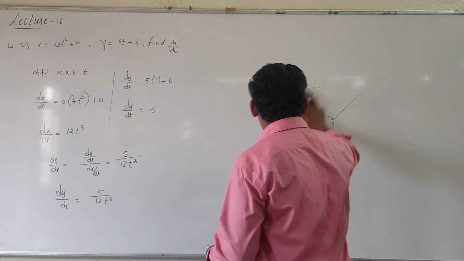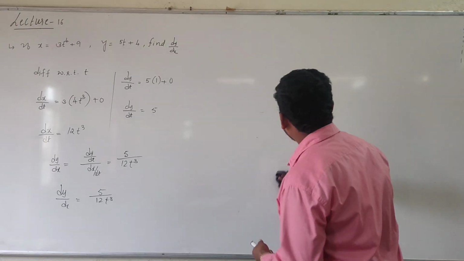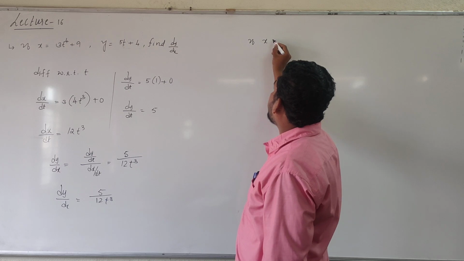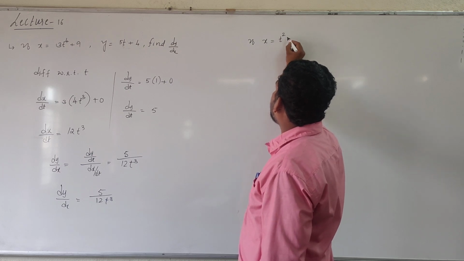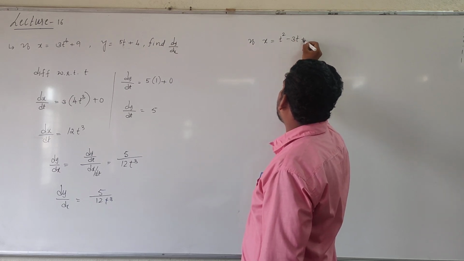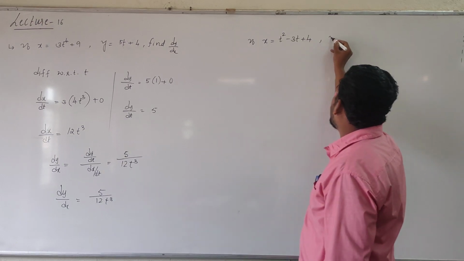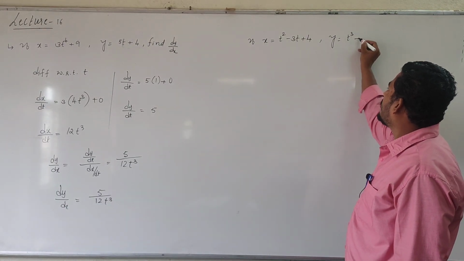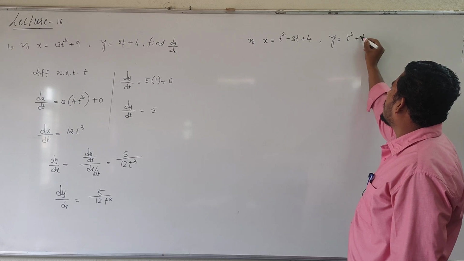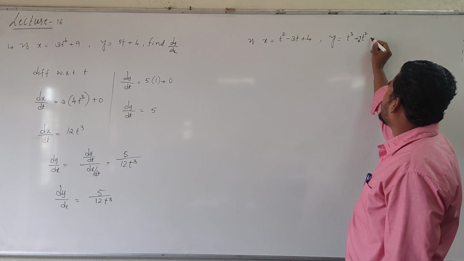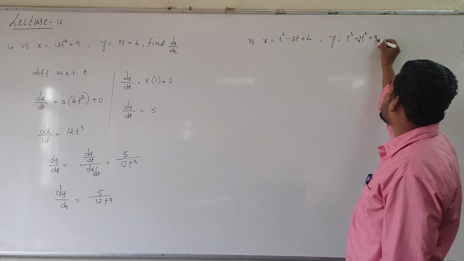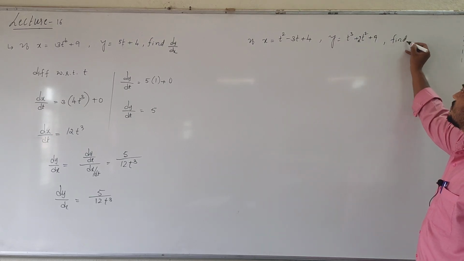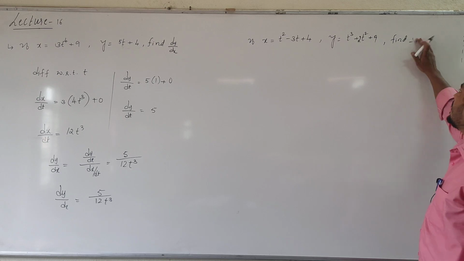Next problem. If x is equal to t square minus 3t plus 4 and y is equal to t cube plus 2t square plus 9, find dy by dx.